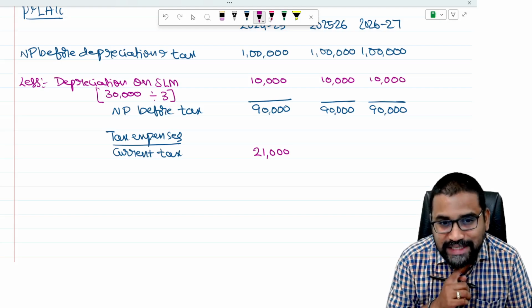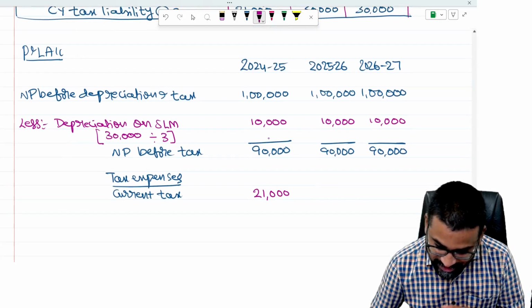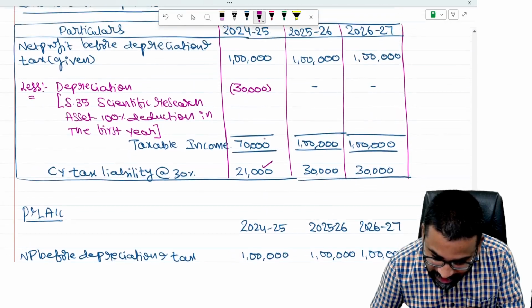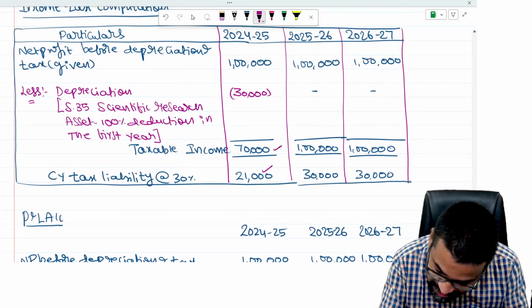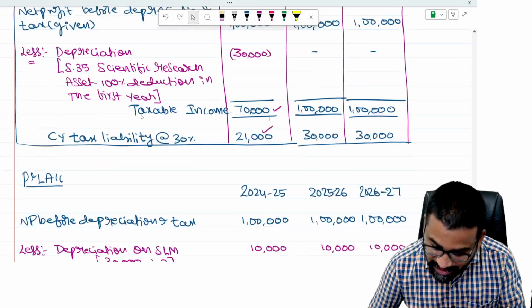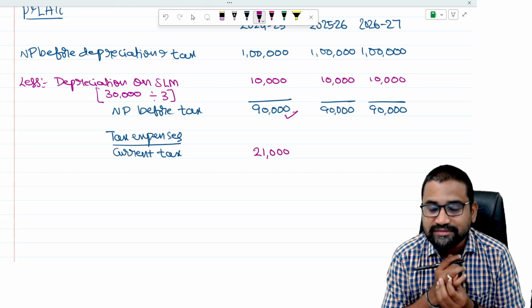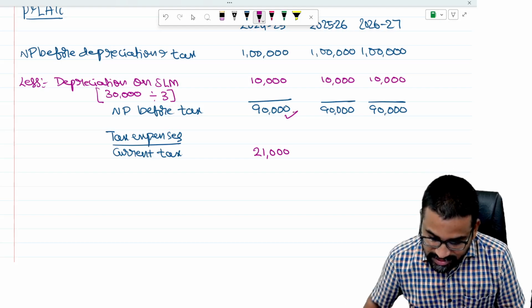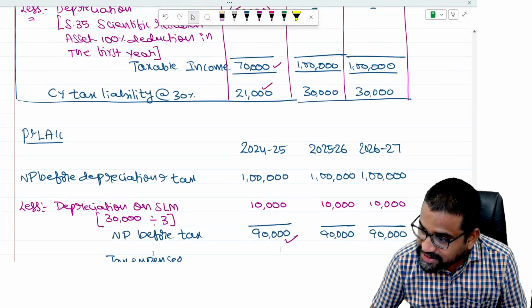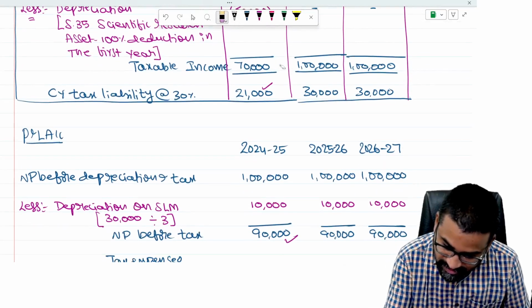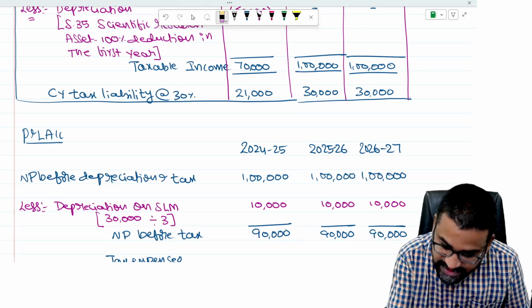Sir, why are they not matching? Understand. Because here you have taken taxable income 70,000 in the first year, but in P&L you are taking 90,000. That's why they are not matching. So the reason is this.